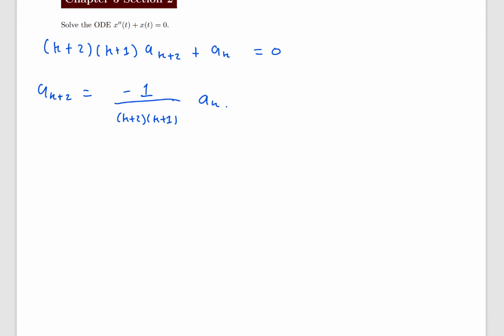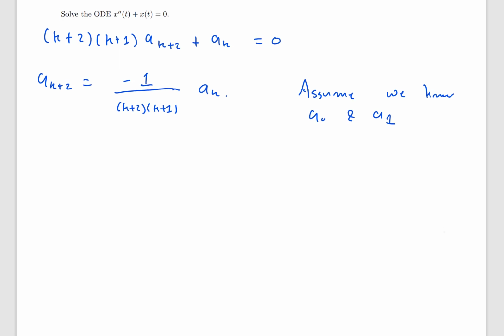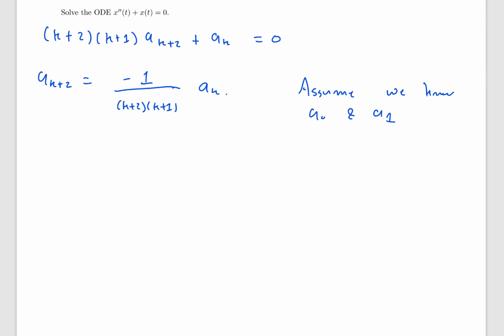So for this particular problem, let's note the following. Assume we know a_0 and a_1. These are going to correspond to the arbitrary constants that you get when you find the general solution to a differential equation. But for now, let's assume that we know them, in the sense that they're arbitrary constants.